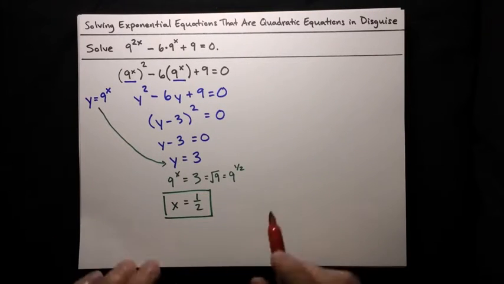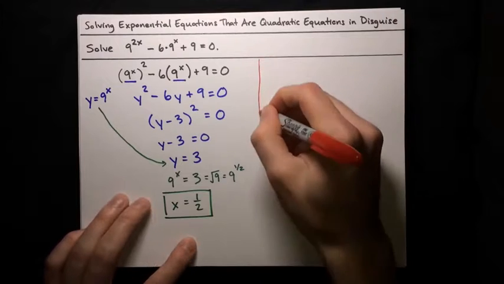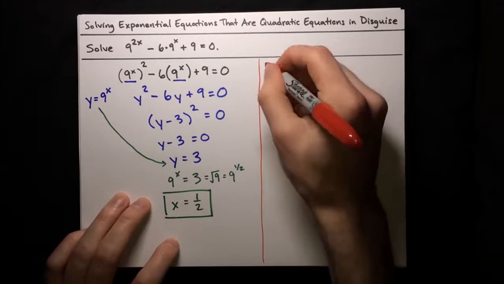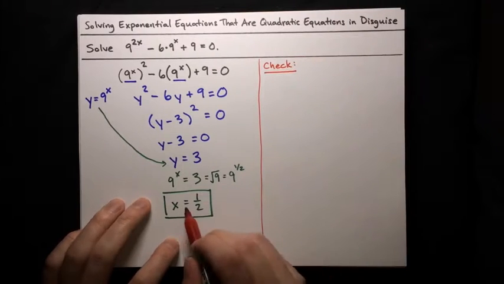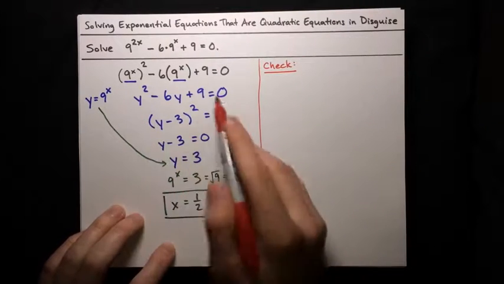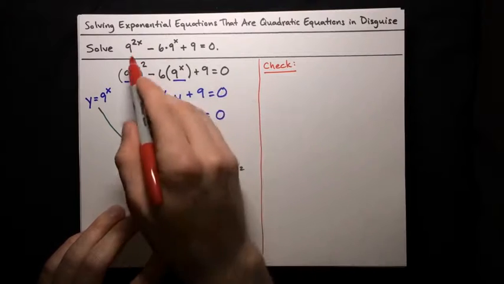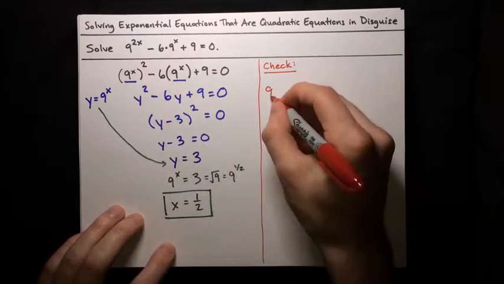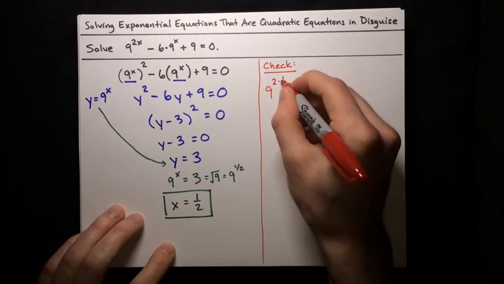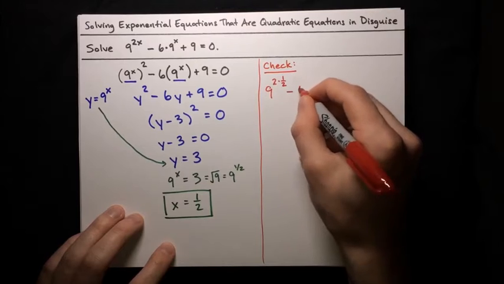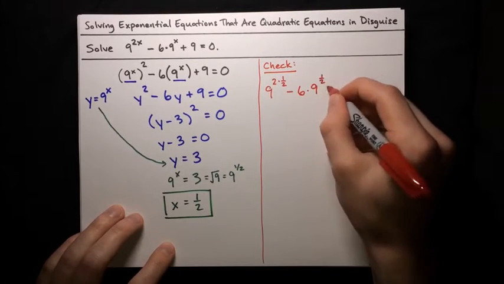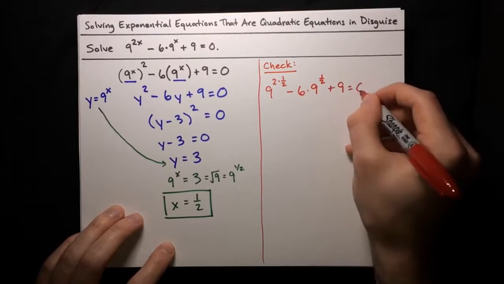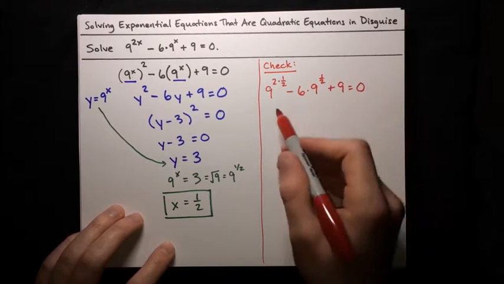Just to be sure we're right, why don't we go ahead and check our answer over here. We'll make a column here, label that with check. So plug this 1/2 back in for x in our original equation. So that becomes 9 to the 2 times a half, minus 6 times 9 to the half, plus 9 equals 0. Let's just make sure this left-hand side checks out here.